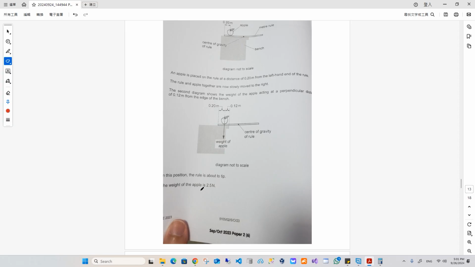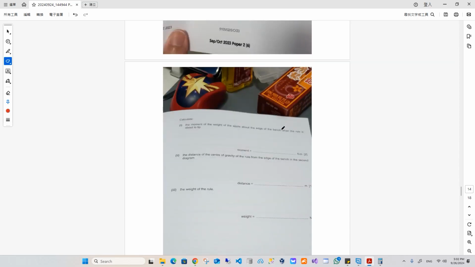The question is on the next page. The moment of the weight of the apple about the edge, where the rule is about to tip.